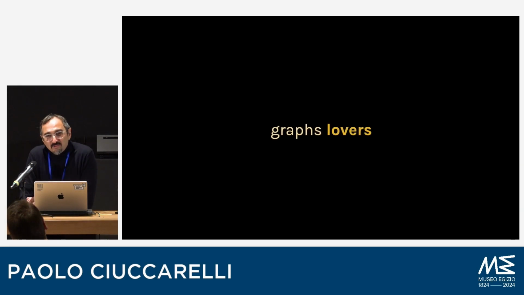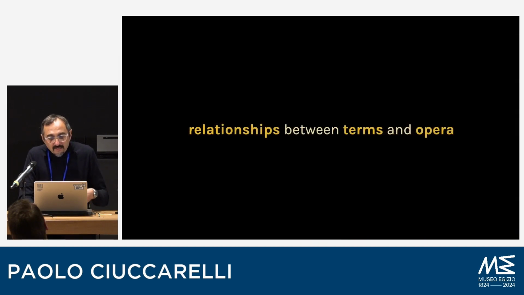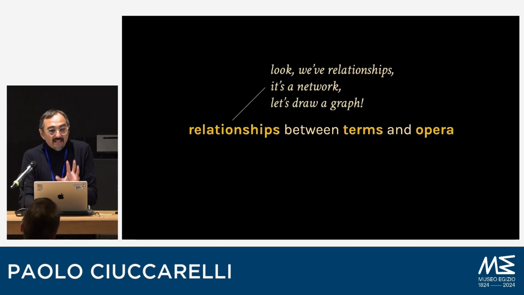With skeptics, you also have lovers. That's what happened, for example, with philosophers. We partnered with, it was a master thesis, the department studying Kant, and they had, in fact, a networked database to work with. It was about the relationship between the terms and the opera of Kant, all the body of work. And what they said was, well, we have a relationship, it's a network, let's do a graph.